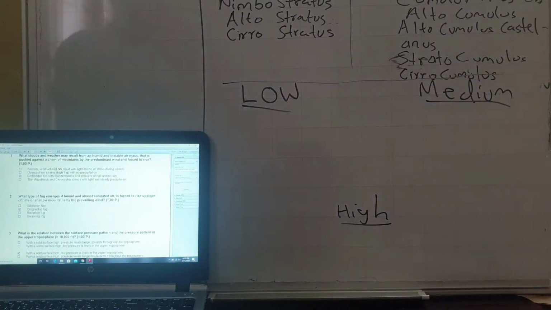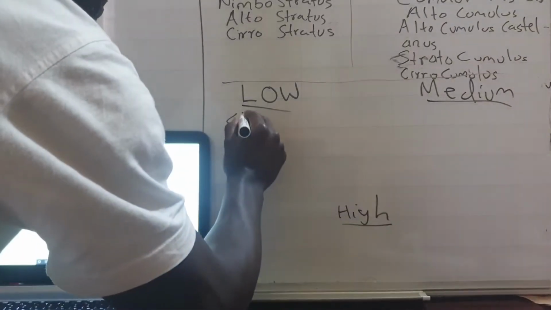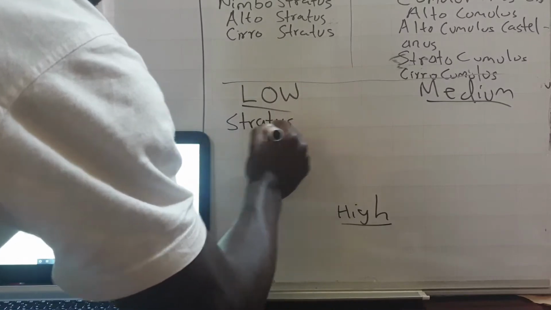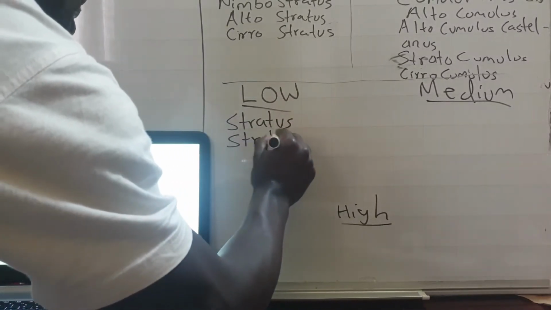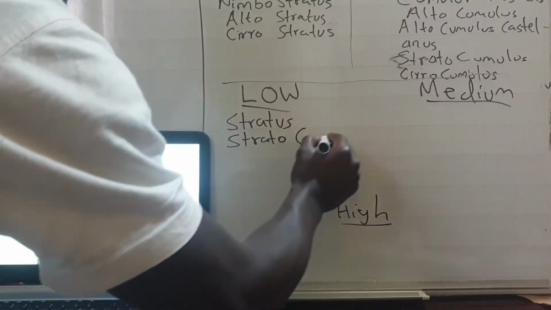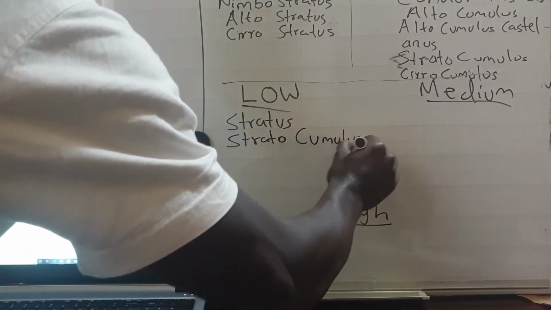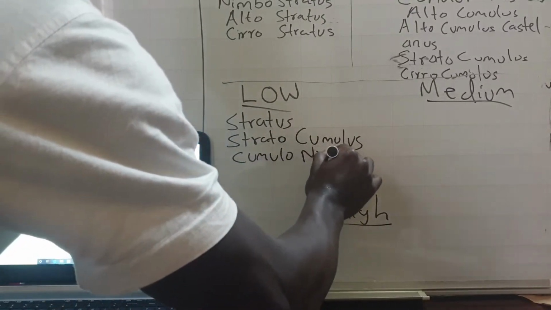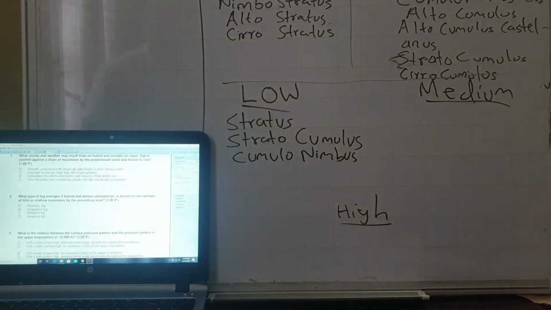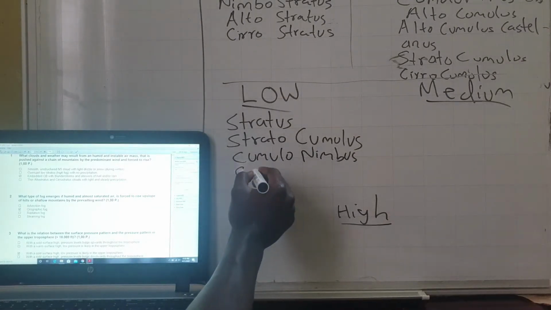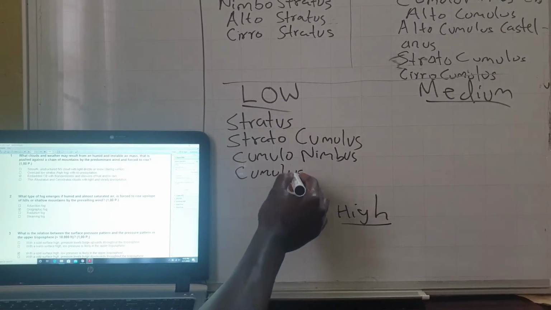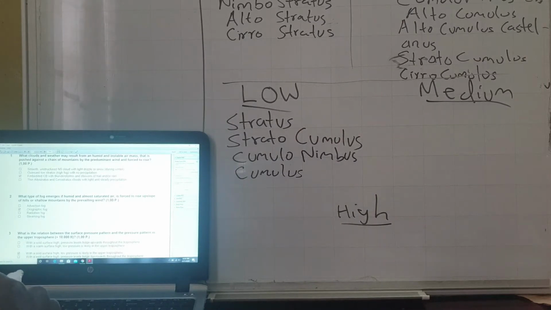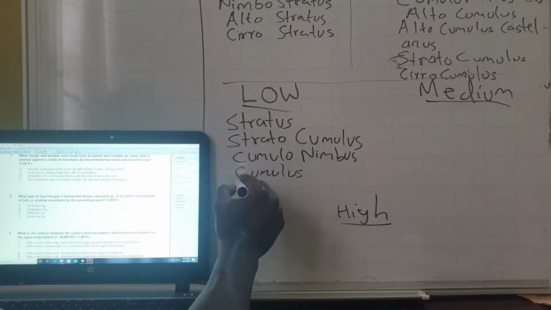We have stratus, stratocumulus, cumulonimbus, and cumulus clouds. Then also we have nimbostratus.